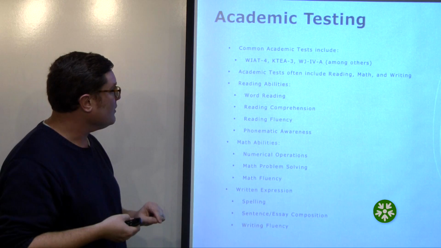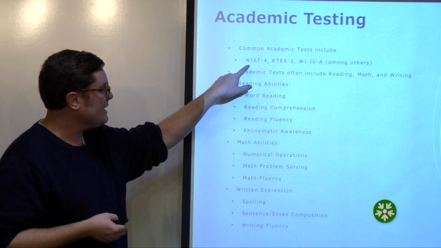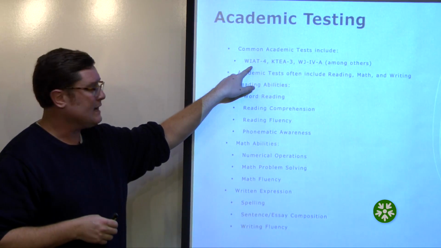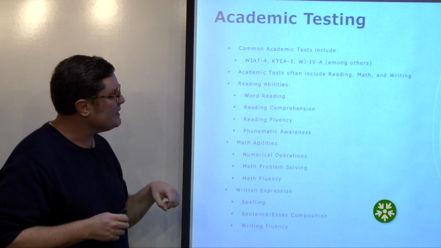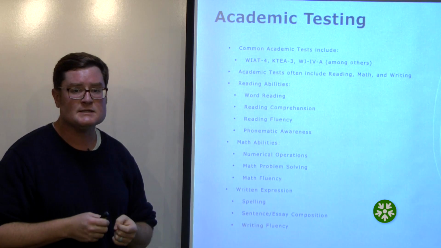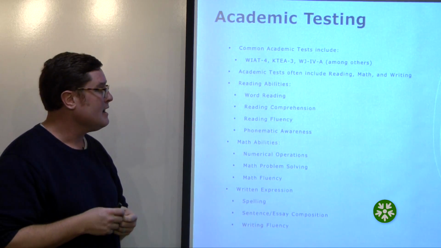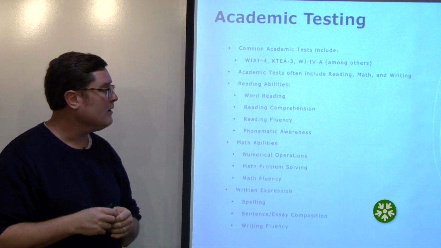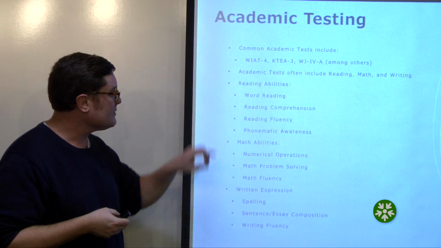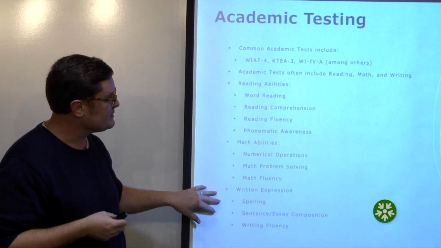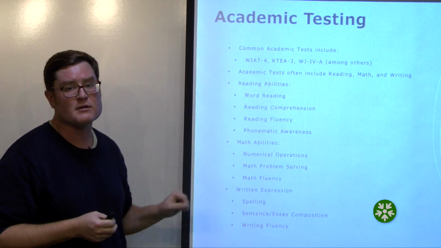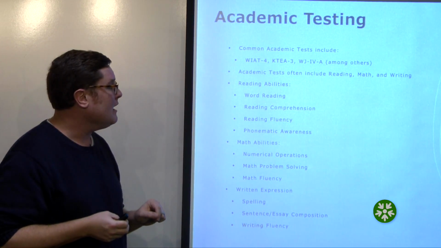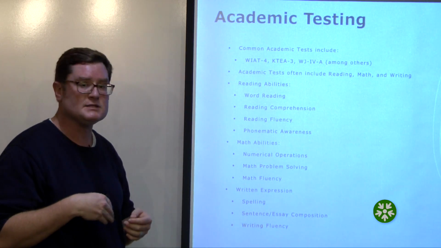The most common one would probably be the WIAT. So that is also a Wechsler scale. So it's the WIAT-4, but also the Kaufman, the Woodcock-Johnson is a very common academic battery, and there are several others as well. And so, these are some of the common areas. Most of the academic batteries have reading, math, and writing as the 3 main areas, and then we go deeper into each of those areas.